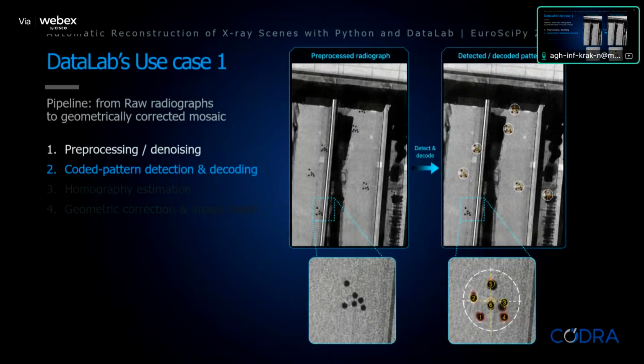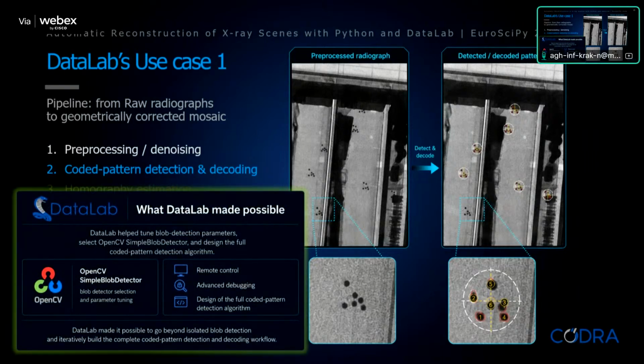So a blob detection algorithm, and then some specific algorithm to understand what the pattern is and decode it. So again, DataLab made this possible, relying on the OpenCV blob detector algorithm. Actually, we tested a lot of other blob detection methods in scikit-image, for example, DoH, DoG, for those of you who know those kinds of methods.